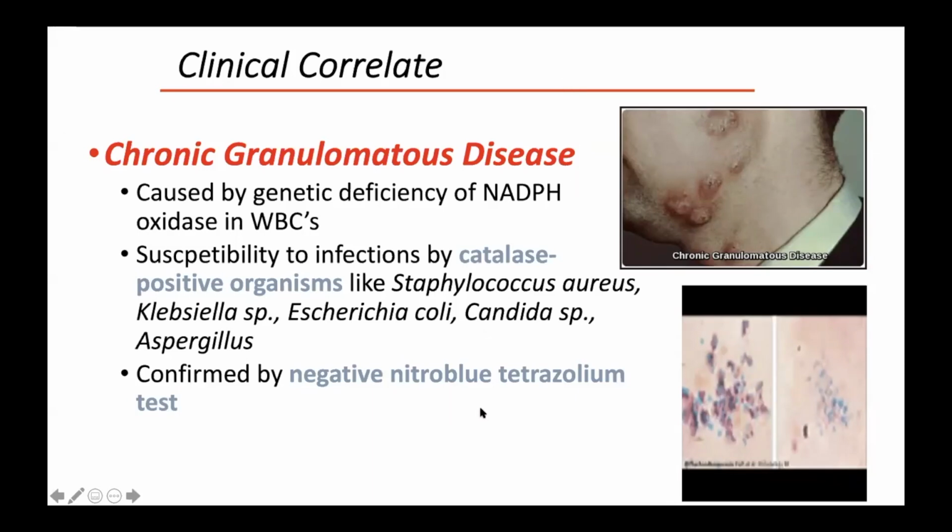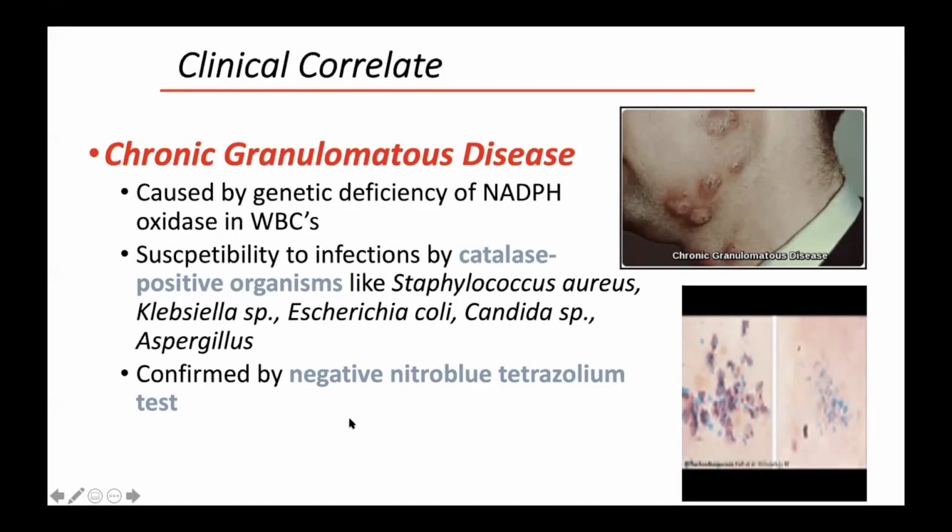Now, how do you test for CGD aside from the absence of the enzyme NADPH oxidase? This is confirmed by your tetrazolium tests. There is a negative nitroblue tetrazolium test.